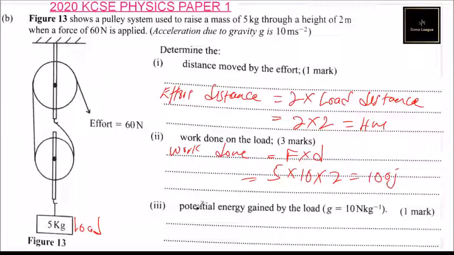Roman number 3, potential energy gained by the rod. We normally say potential energy is equals to work done, which is equals to m, the mass, multiplied by gravity multiplied by height, which is the same as work done, which is 5 multiplied by 10 multiplied by 2, and that should give you 100 joules.